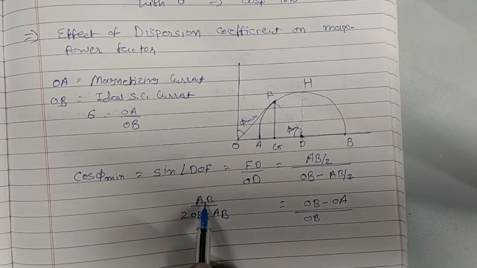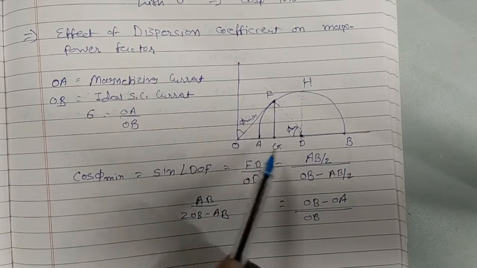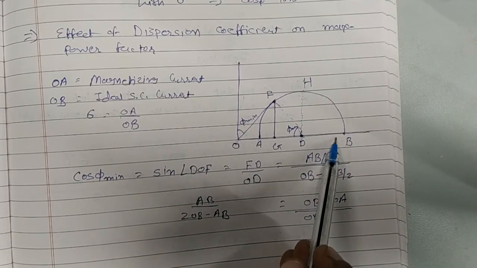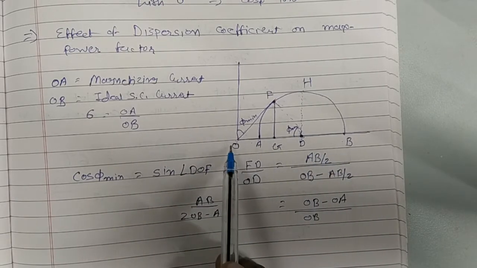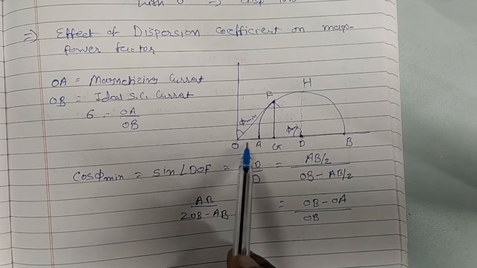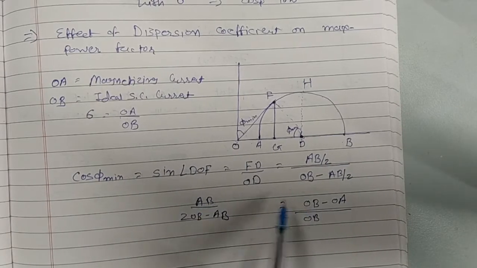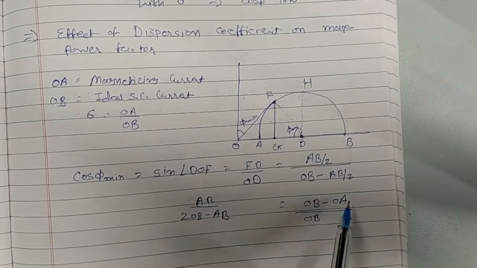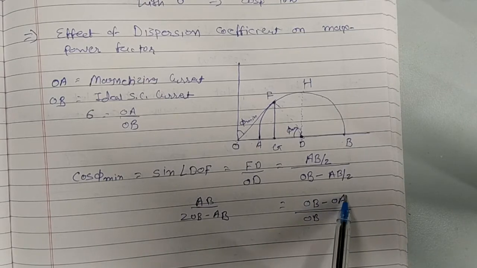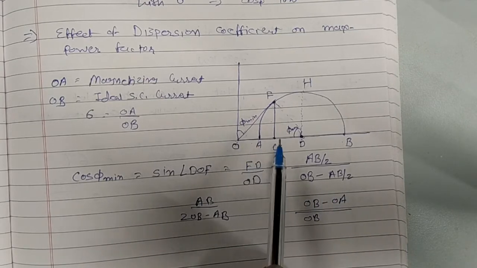So again, what is AB? AB is OB minus OA. I am talking about these two, AB and OB minus OA. Are they the same? Yes.